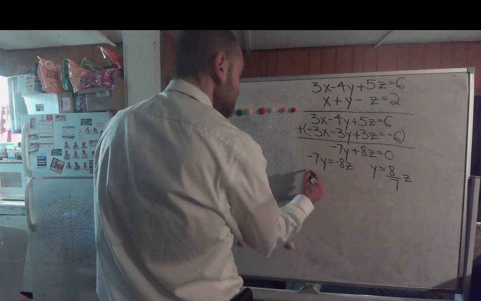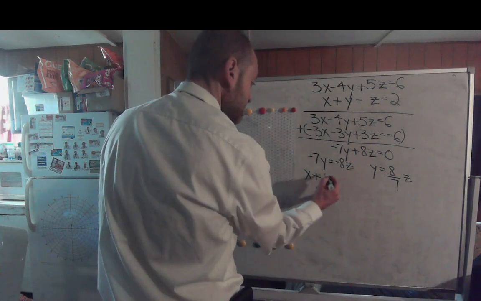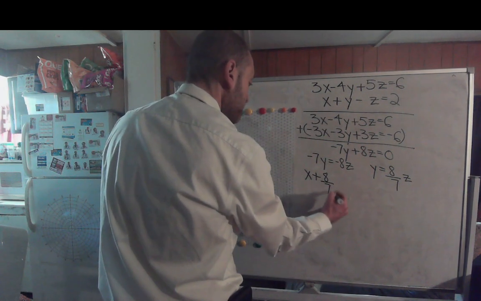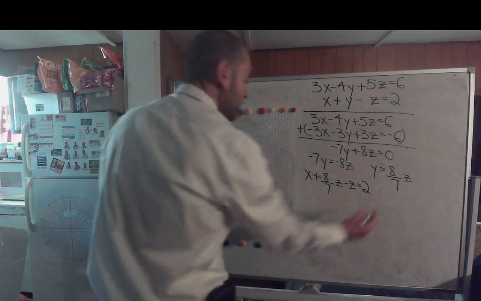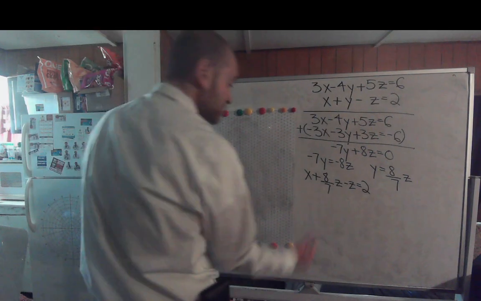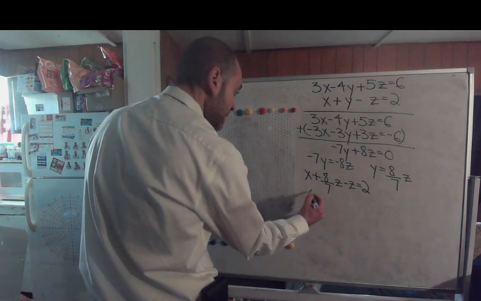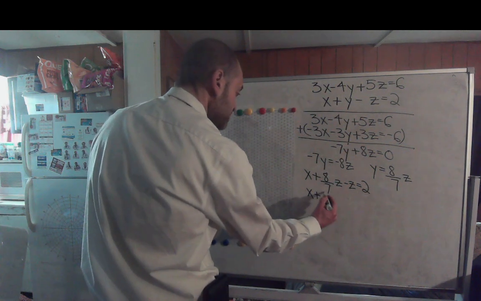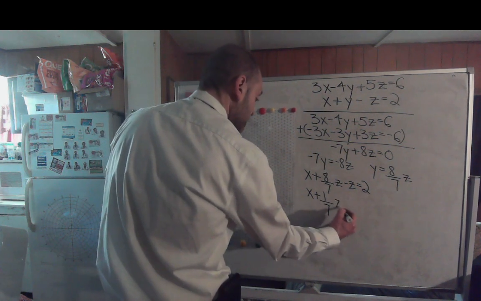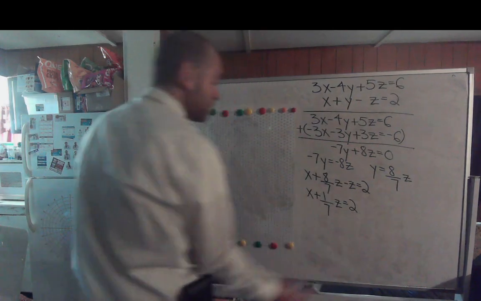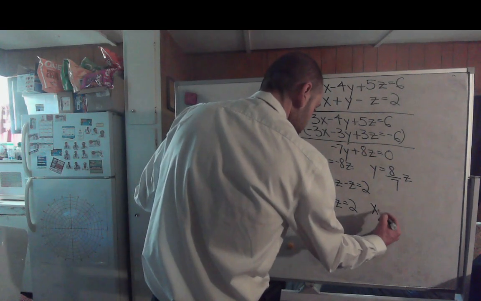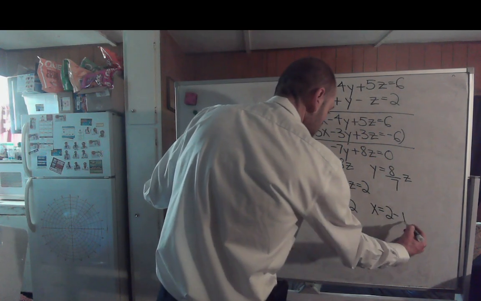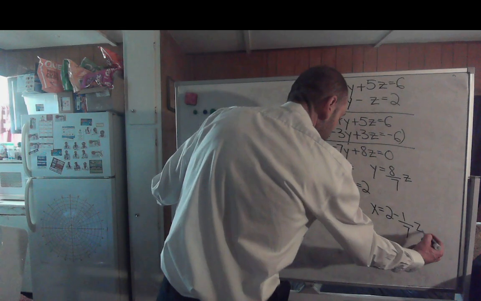So x plus our y is 8/7 z minus z equals 2. Well, this is going to simplify into x plus 1/7 z equals 2, which would simplify further into x equals 2 minus 1/7 z.